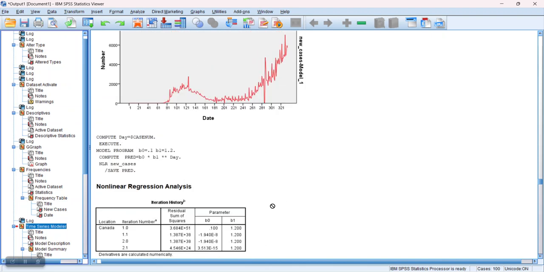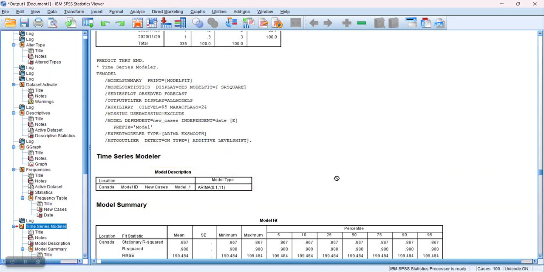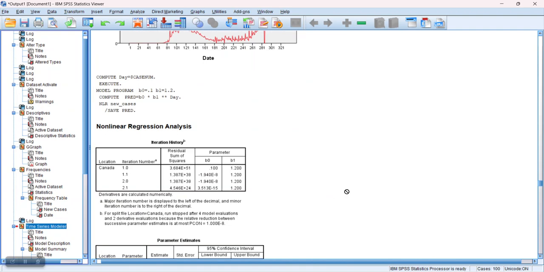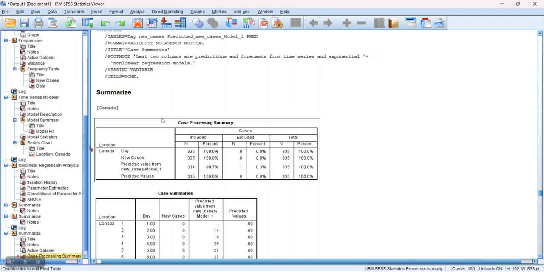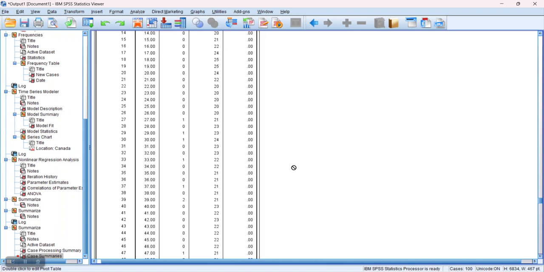So we have nonlinear regression analysis and the time series modeler. Let's see how the forecasts from the two models compare. Here we have a summarized case processing, case summaries. To summarize, both models forecast eternal growth in the number of new cases.